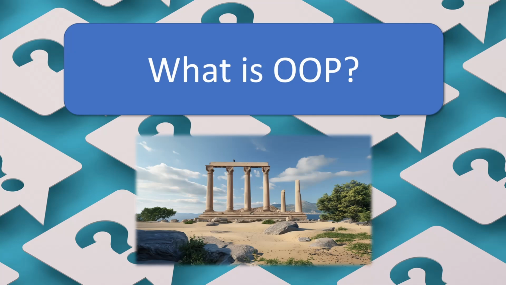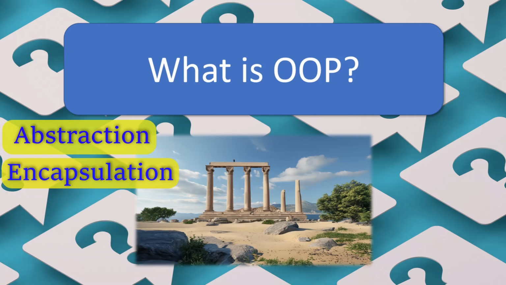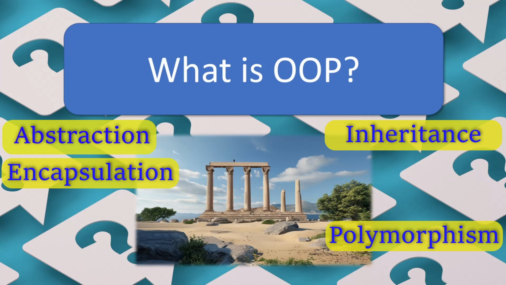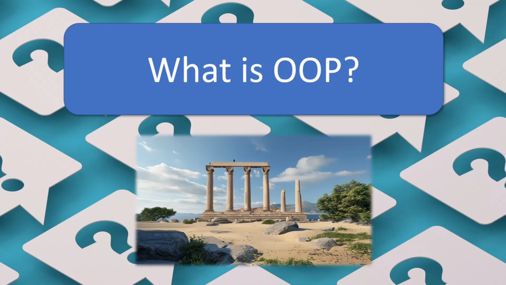Like any programming model, it has advantages and disadvantages. And the model breaks down to 4 basic principles or pillars: abstraction, encapsulation, inheritance, and polymorphism. We'll come back to these, but first let's look at the advantages and disadvantages.